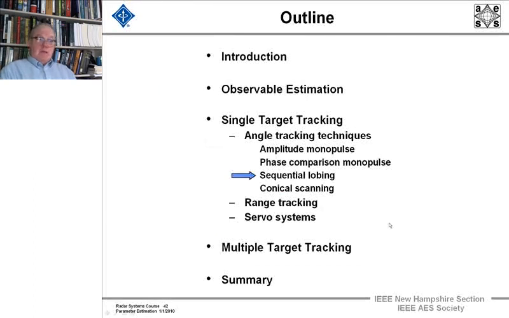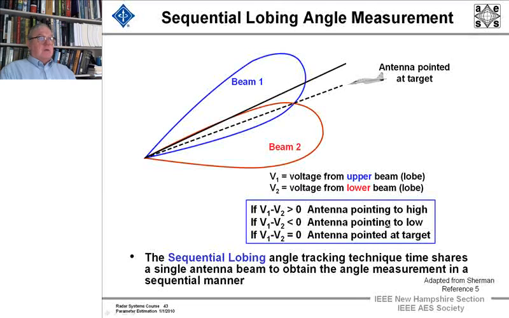Now let's look at another method, sequential lobing. Here we have an angle tracking technique where you share a single antenna beam to obtain the angle measurement in a sequential manner.